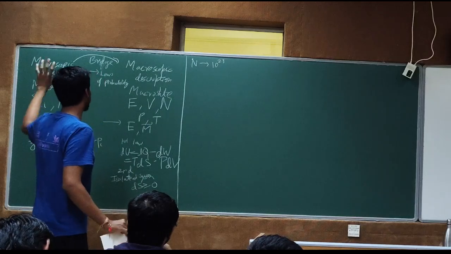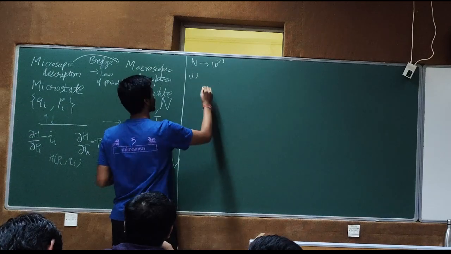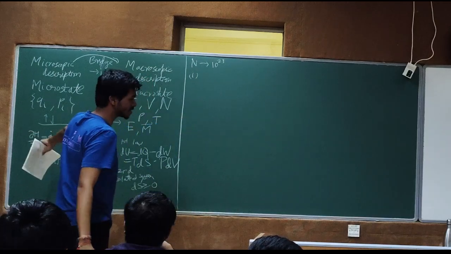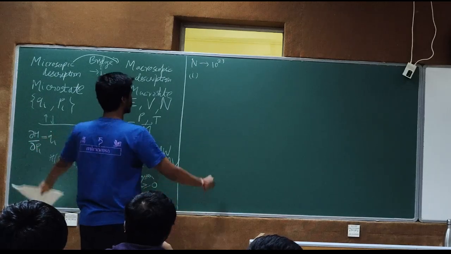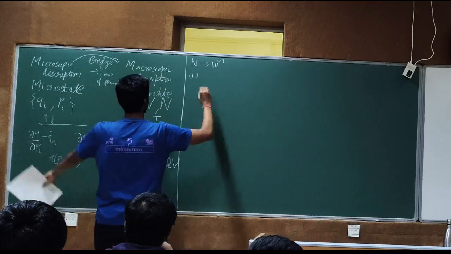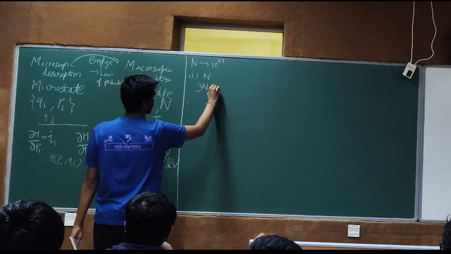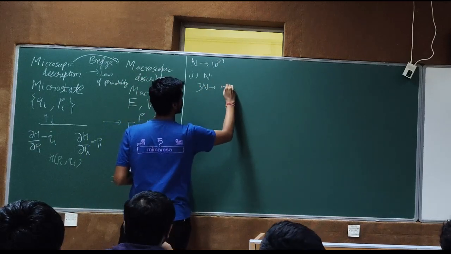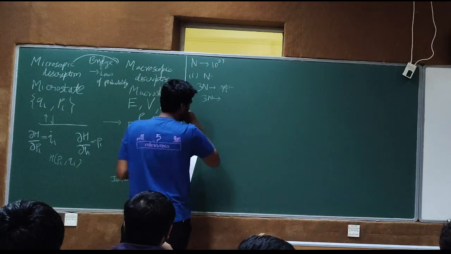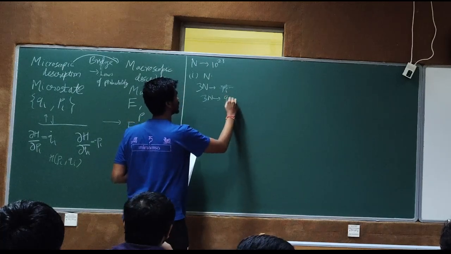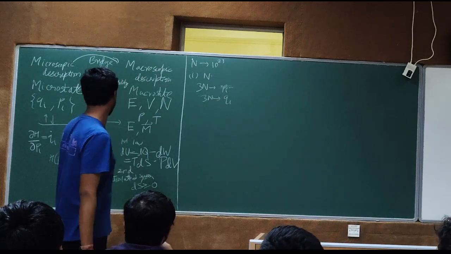And why is this necessary? One thing is, if you see the microscopic description of the system, there are Hamilton's equations for each Qi and Pi. Suppose there are N particles. So there are equations for momentum Pi and equations for position Qi.